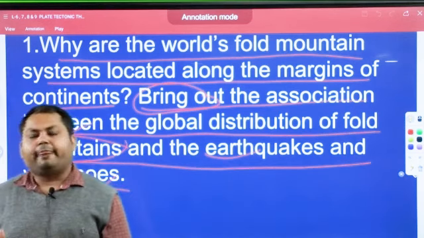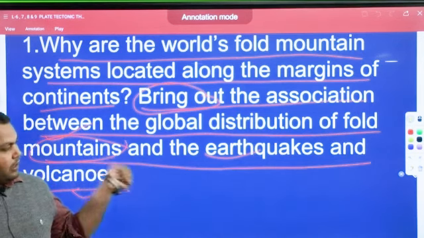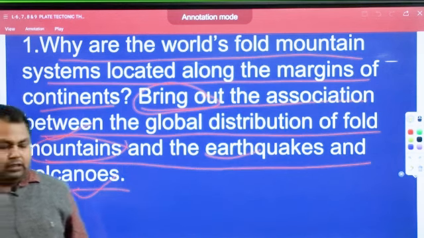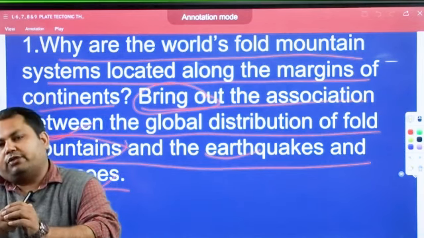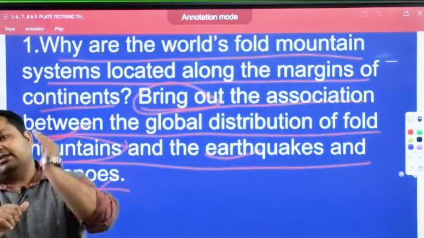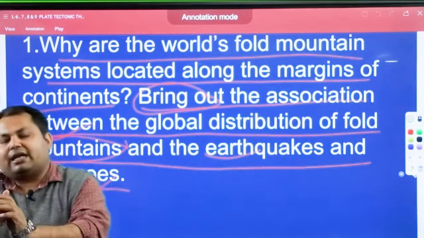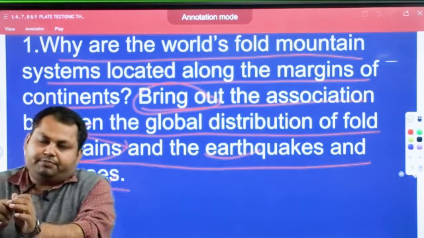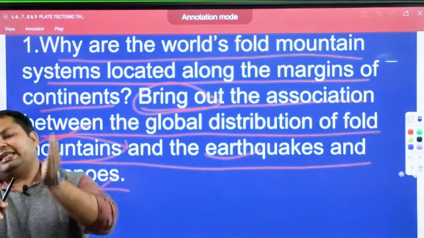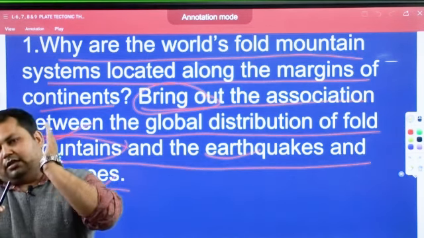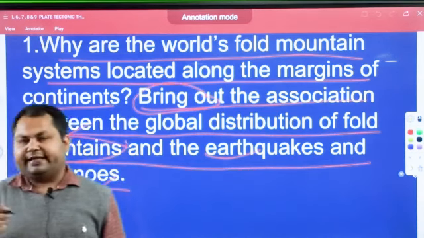Yes, according to me, there is a deep relationship among the fold mountain systems, earthquakes and volcanoes. Himalayan mountains are an example of the folded mountains and experience frequent and intense earthquakes. And the Rockies and Andes are also folded mountains, and in those areas there is a concentration of earthquakes as well as volcanic eruptions.